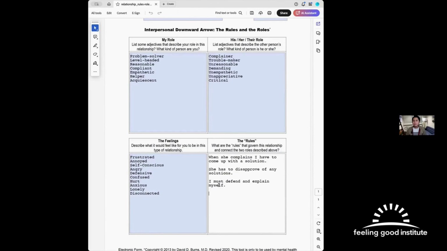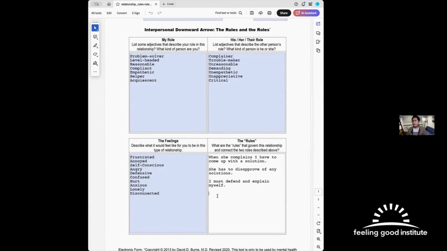Is that right? Like maybe a rule that's being followed is, I must not talk about my feelings, because the way that maintains these roles is that she can express her hurt and anger and frustration towards you, but you kind of don't have permission to do that or something.